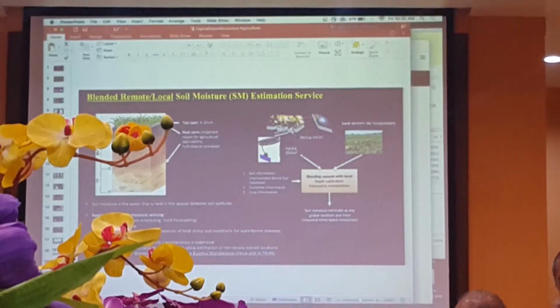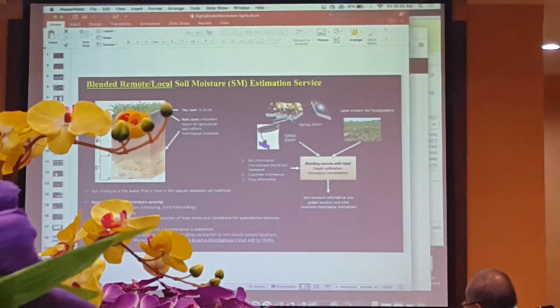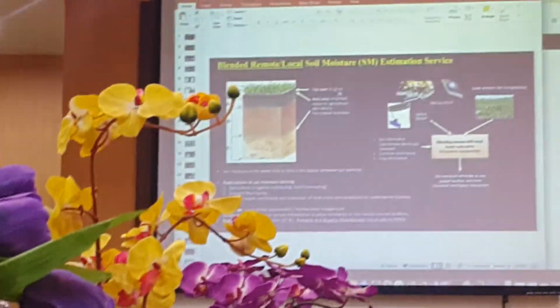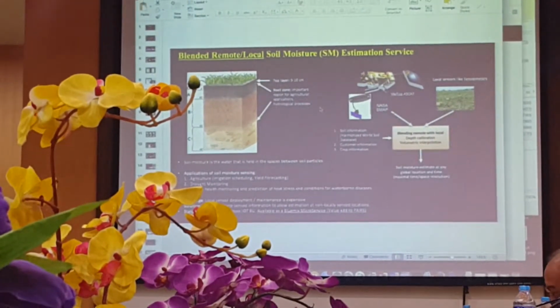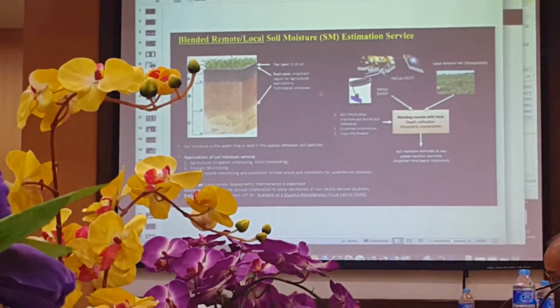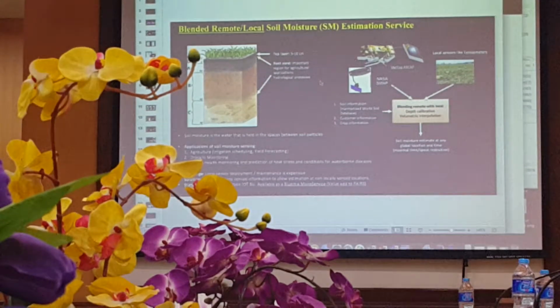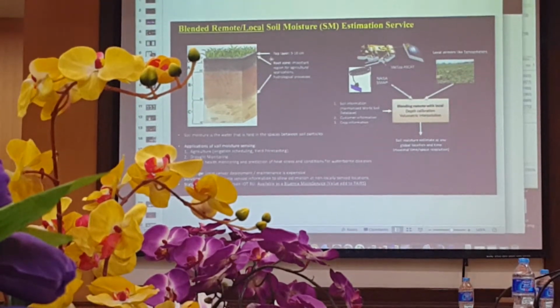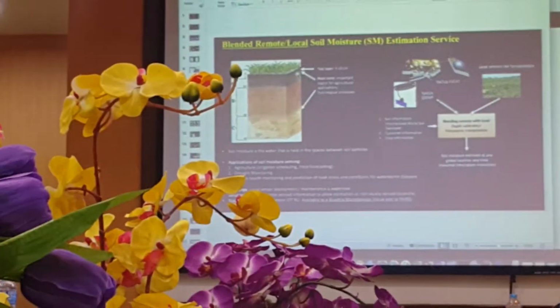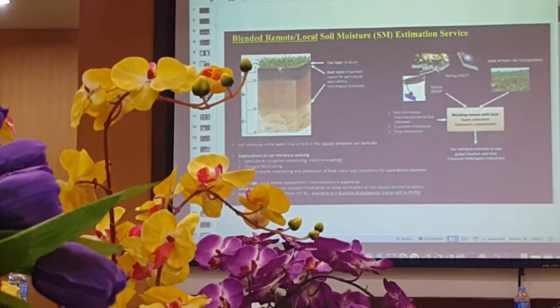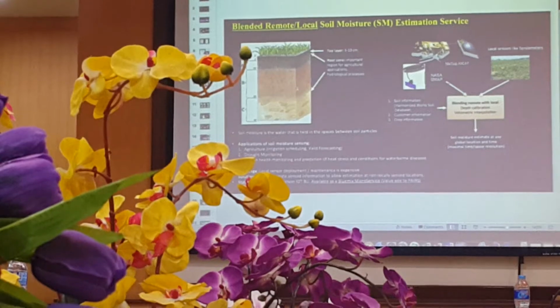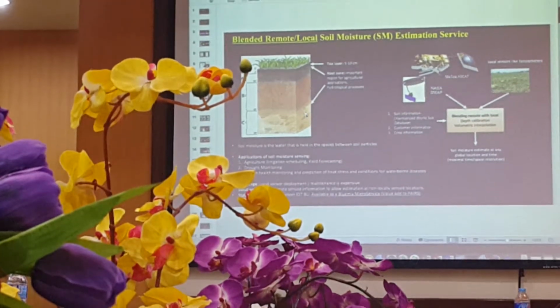This slide that you see actually tells you that there is the SMAP satellite. If you take the data and you analyze it in the right way, it can actually tell you the water available below the soil level. Yeah.